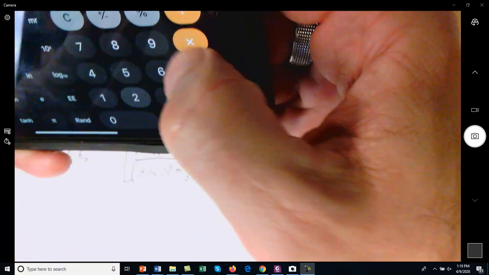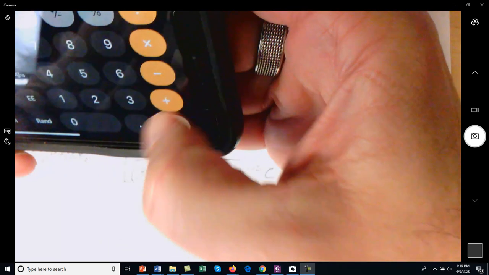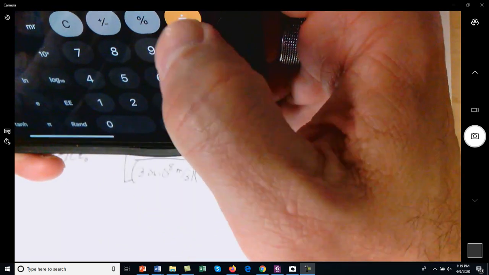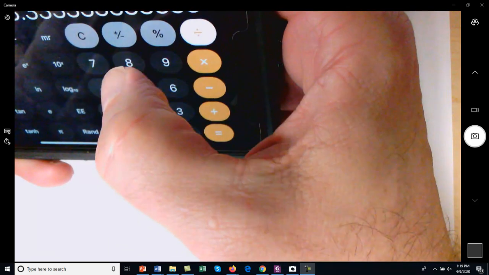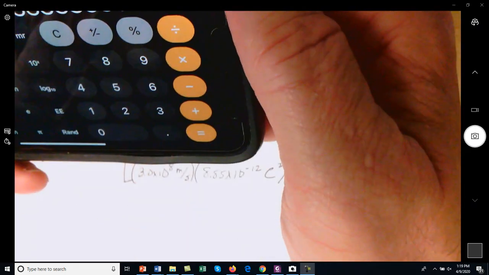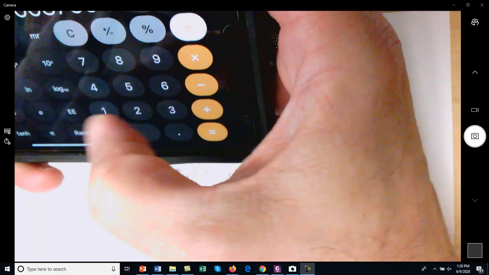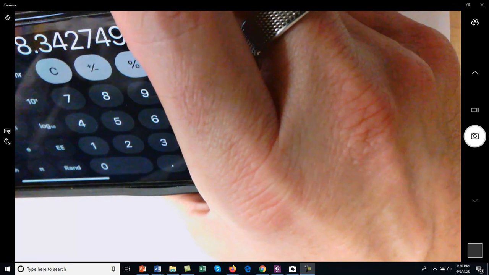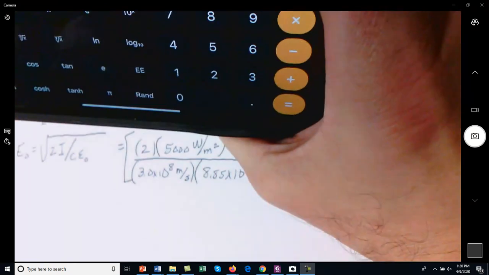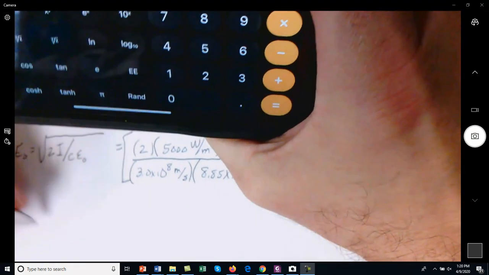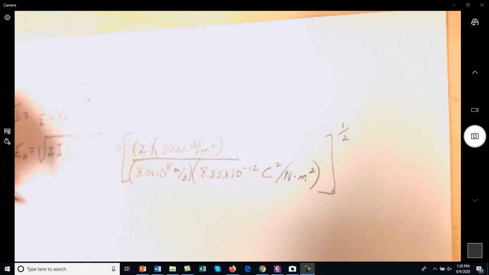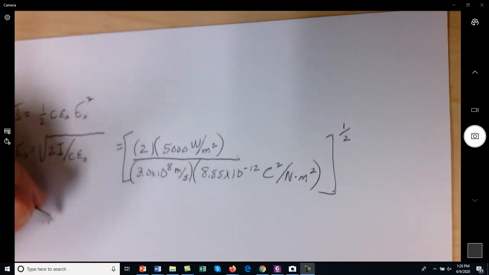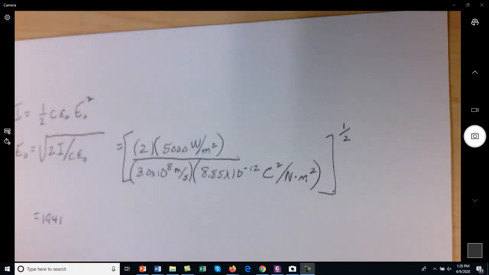So we take 2 times 5,000 divided by 3 times 10 to the 8th, divided by 8.85 times 10 to the negative 12th. And then we take the square root of that. And that gives me a value of 1941.